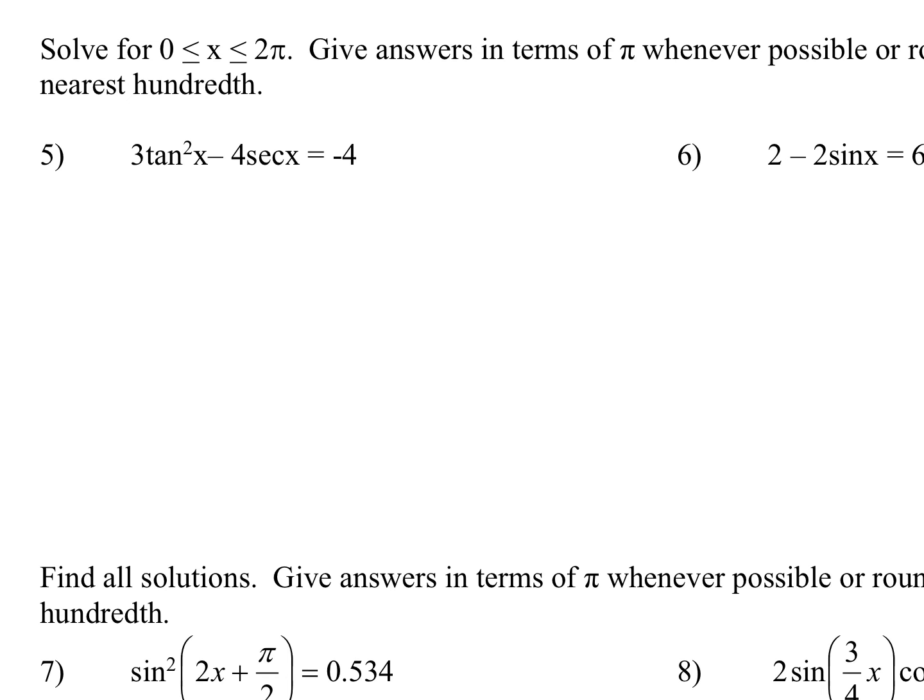So again, this is in terms of secants and tangents, and while tangent can be converted into secant squared, I found it slightly easier to approach this without sines and cosines. So I'm going to change this to 3 times the tangent version, which is -1 plus secant squared x, minus 4 secant x.